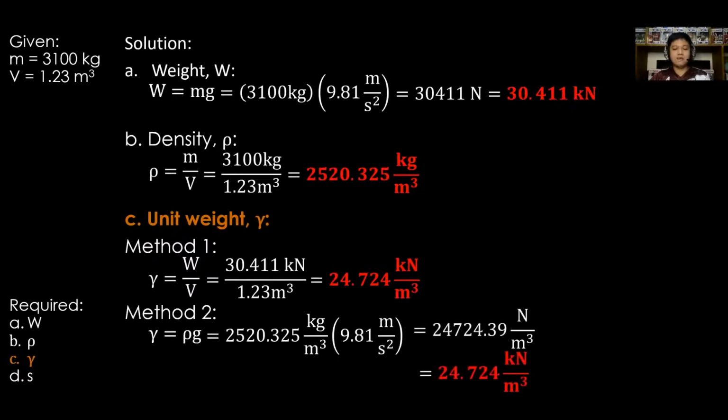Thus, for gamma, that is 24,724.39 newtons per cubic meter, dividing it by 1,000 to be converted to kilonewtons. Thus, the value of gamma is 24.724 kilonewtons per cubic meter.